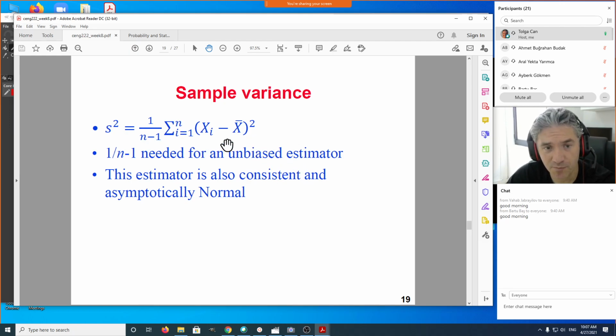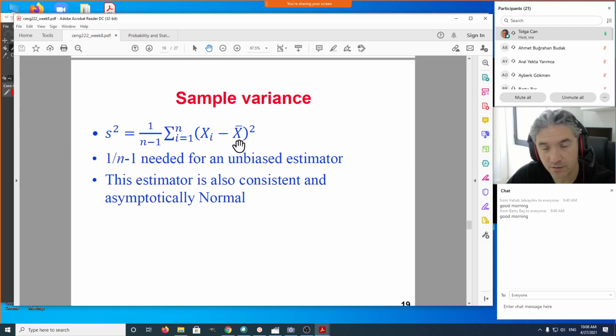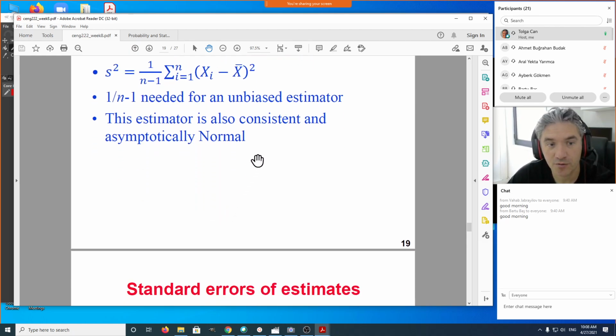When we were computing the population variance, remember we had these individual data points or random variables, and their difference from the mean was squared. Right now we don't know the mean, so it's also estimated. That becomes another source of error. Therefore, we have to make this a little bit larger to make it consistent.